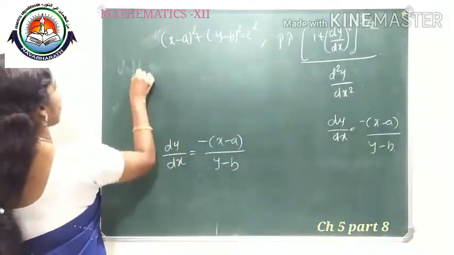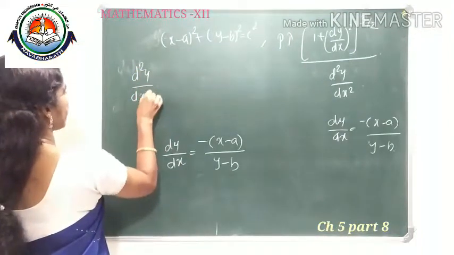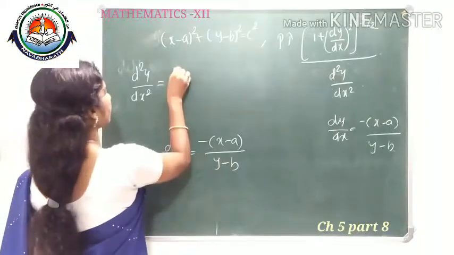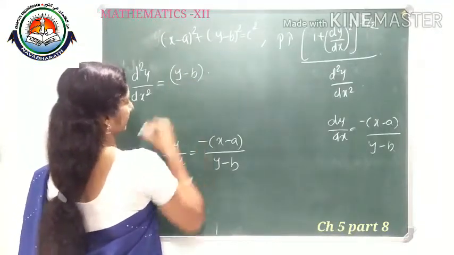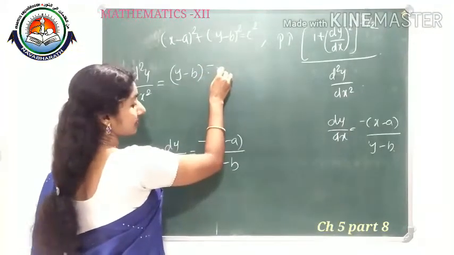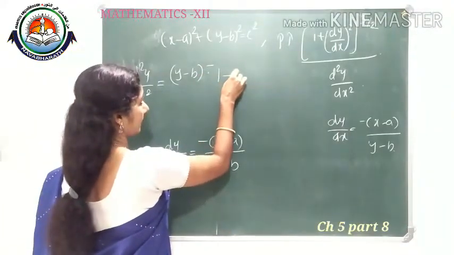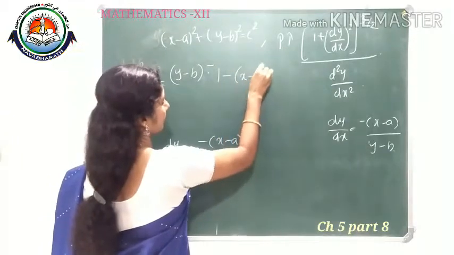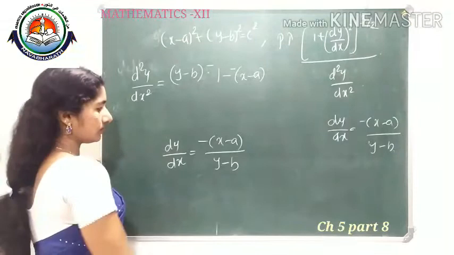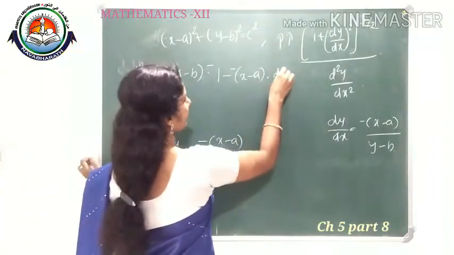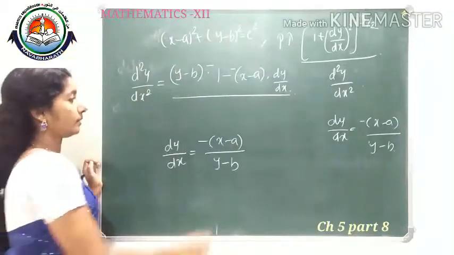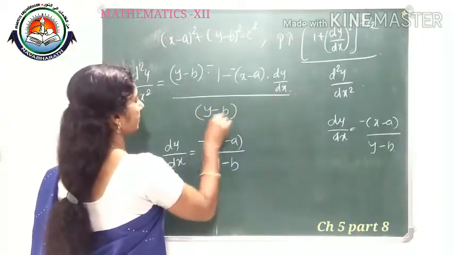Then for finding the second derivative, d2y by dx2 is equal to, quotient rule we need to apply: denominator into derivative of the numerator. So, minus of (x minus a)'s derivative is 1, minus numerator into derivative of denominator. Numerator is minus of (x minus a), derivative of denominator is dy by dx, divided by denominator square, (y minus b) whole square.